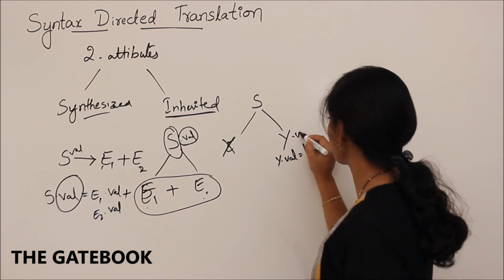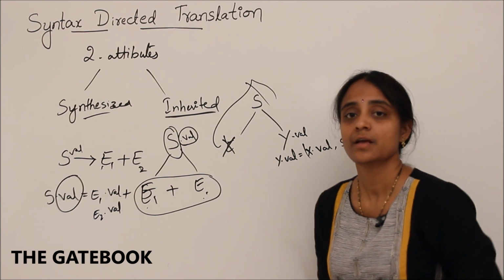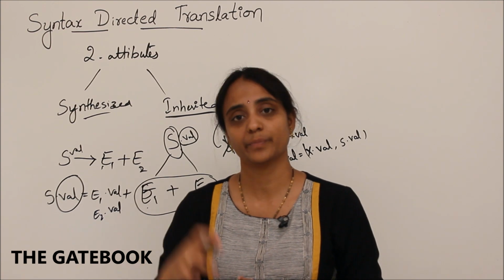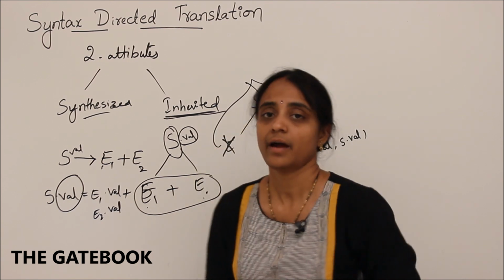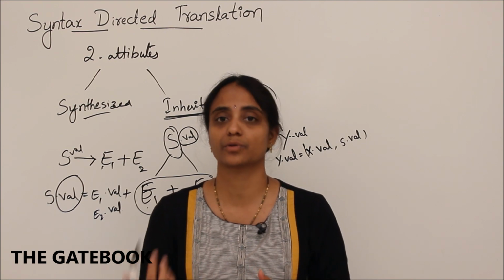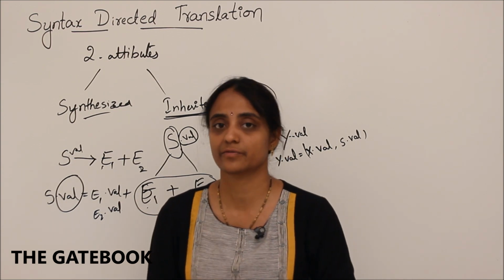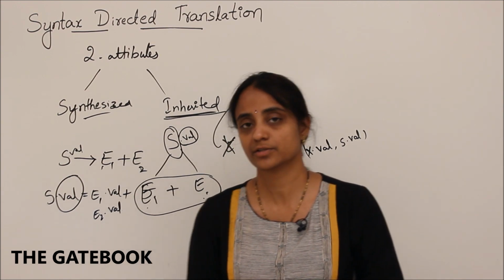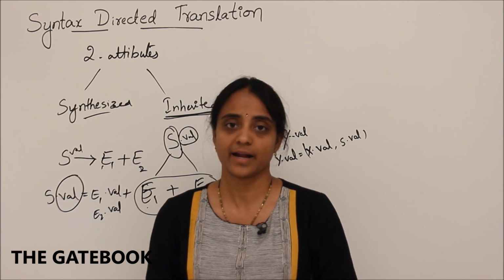Then to compute this Y dot value, I need to know these two values, that means the parent and the sibling. Whenever a grammar symbol's value depends on the parent or siblings, it is called an inherited attribute. So these are the two kinds of attributes. We will see more examples to know where we need inherited attributes and where we need synthesized attributes, and what the advantages and disadvantages are. This is the basic difference between inherited and synthesized attributes.